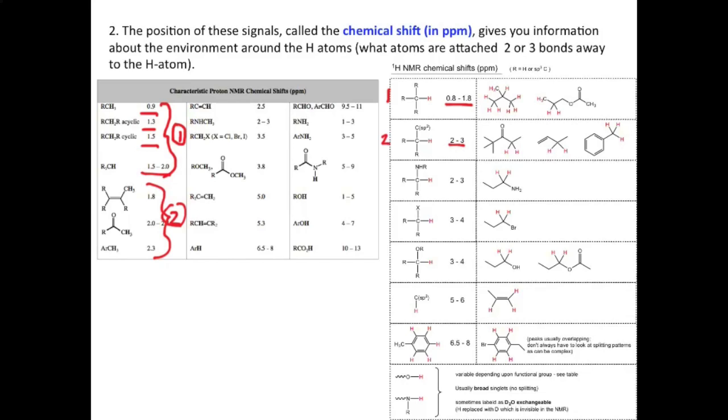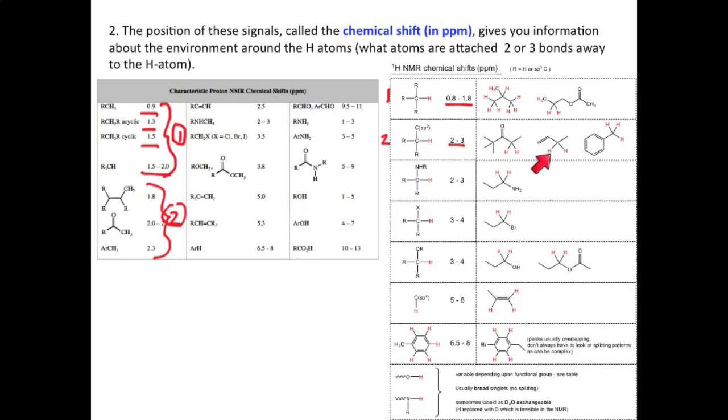So let's look at a couple of examples. If you look at this molecule here, we have a ketone. On the carbon to the right, there are 2 hydrogens. Those hydrogens would have a chemical shift of anywhere between 2 and 3. So I have the H I'm talking about in red connected to an sp3 hybridized carbon, which is then connected to an sp2.